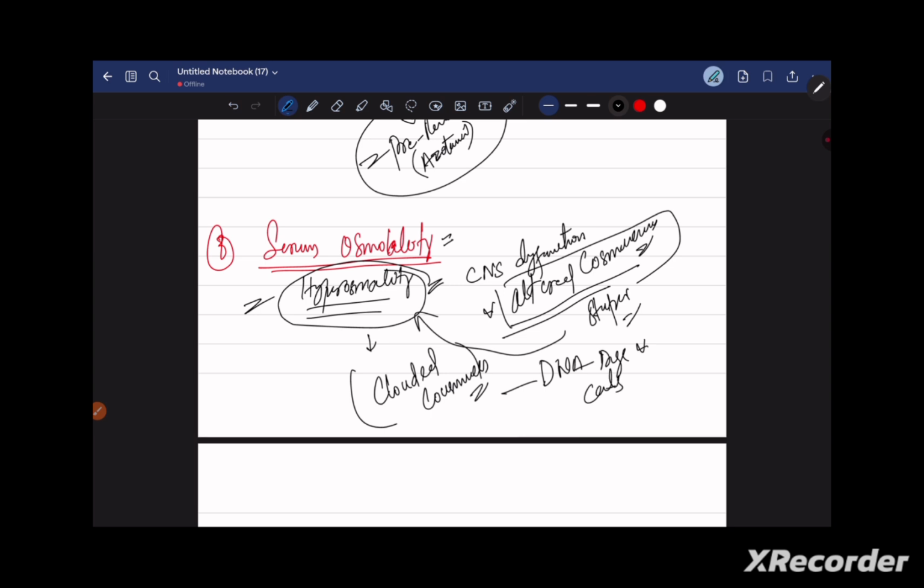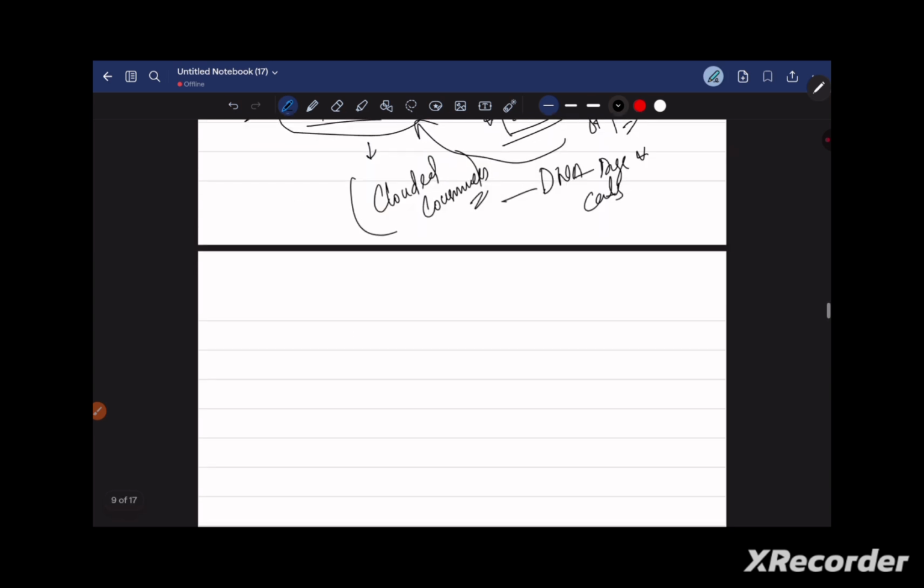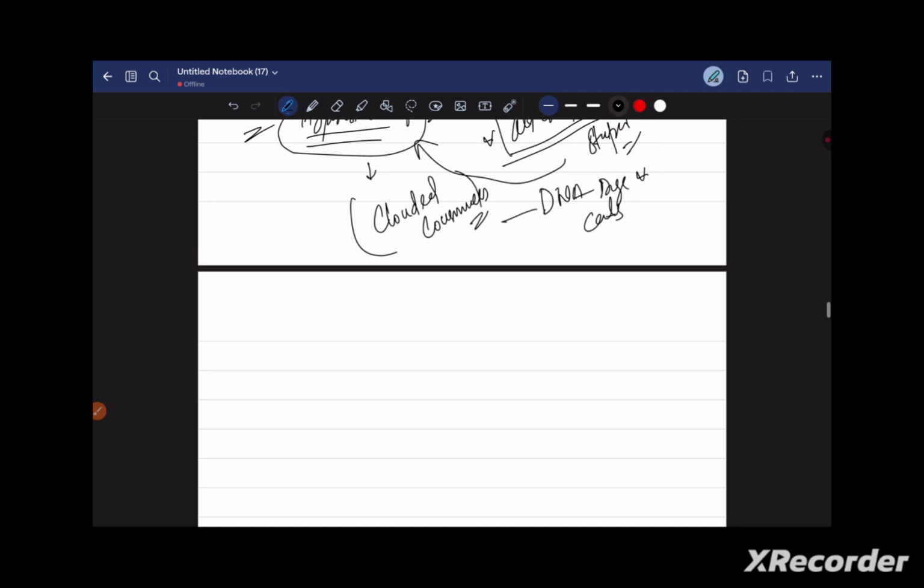The reason is increased osmolality. But fortunately, in DKA dogs and cats this severe hyperosmolality has never been found. So there is a reason why in DKA dogs and cats this hyperosmolality has never been found.